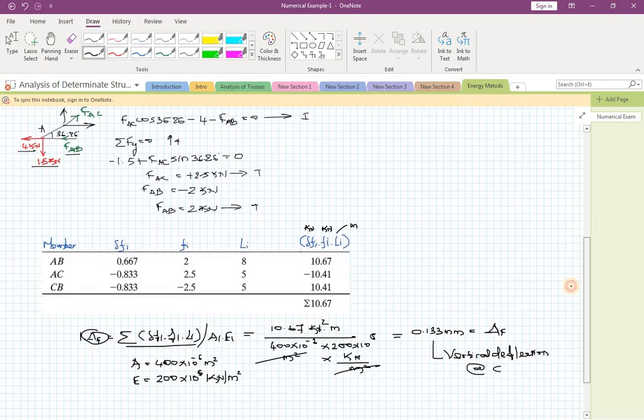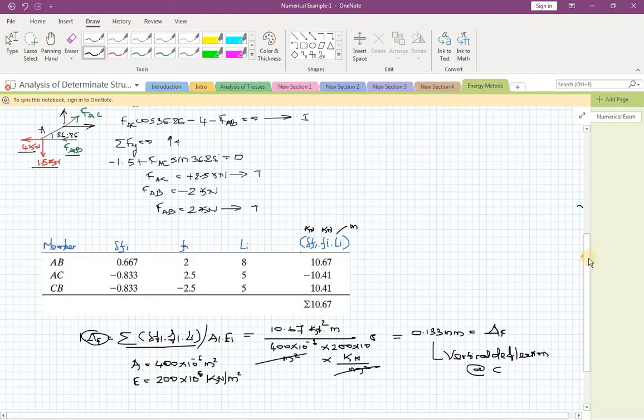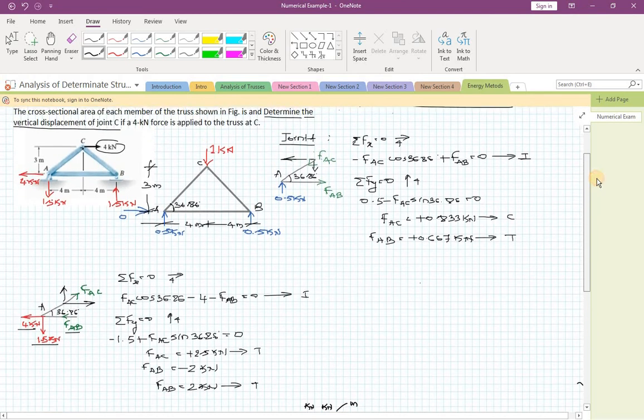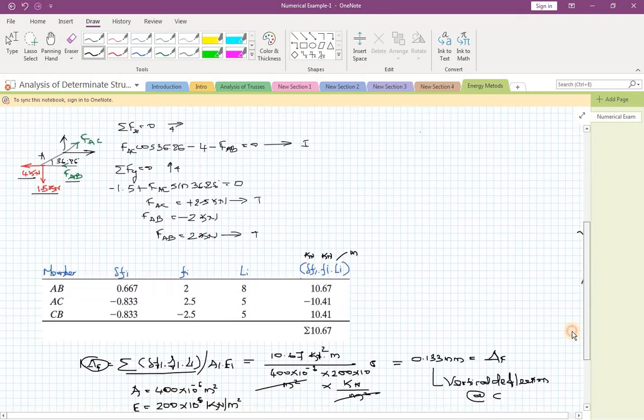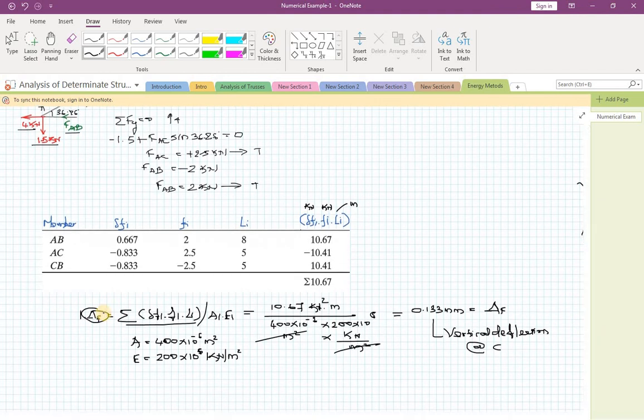The only thing you need to remember here is, you need to have two analyses, one with the dummy load of 1 kilonewton and the other one with the actual loads on the truss. Once you do that, you have to make a table, and here we saw that the cross-sectional area was the same for each and every member, and Young's modulus was also the same for each member. Sometimes it may happen that the cross-sectional area changes with the member, but the Young's modulus may remain the same.